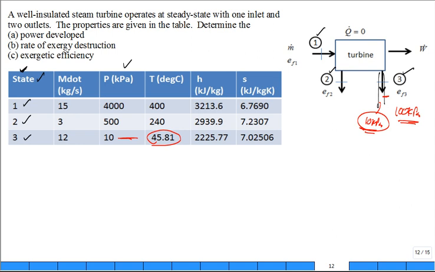Sorry, I can find it. The quality is 85%. X is 85%. So it's high quality steam coming out at state 3. Take a look at the temperature. Do you want to touch 400 degrees C steam?